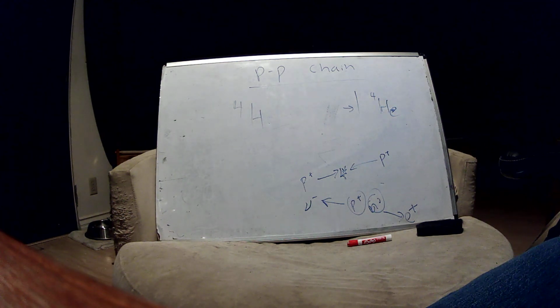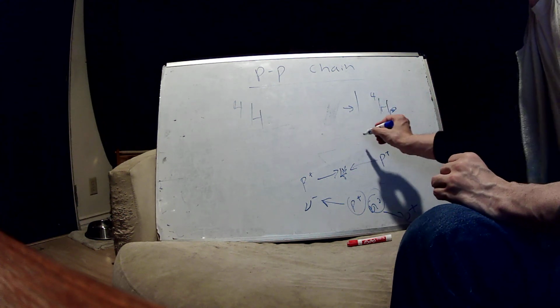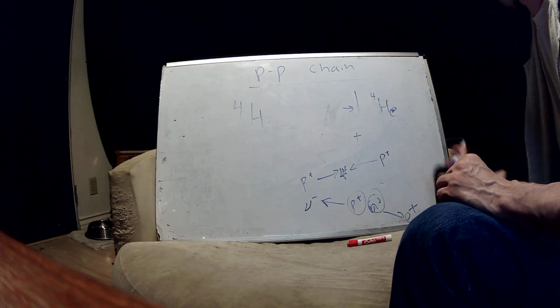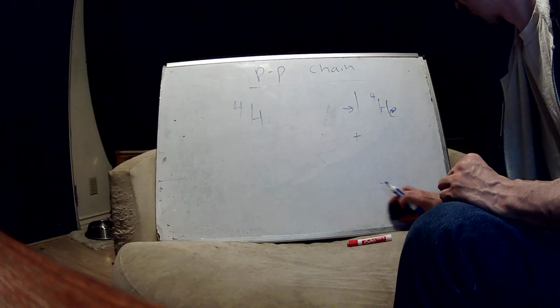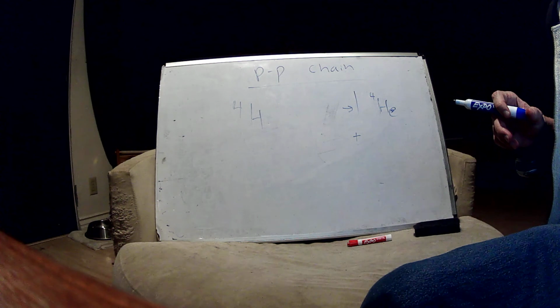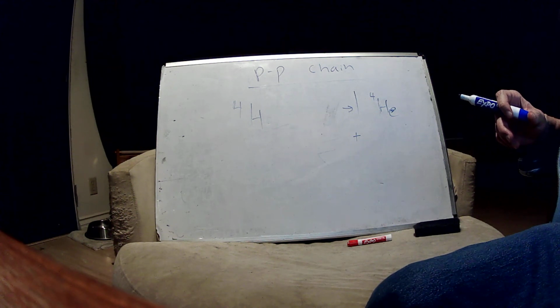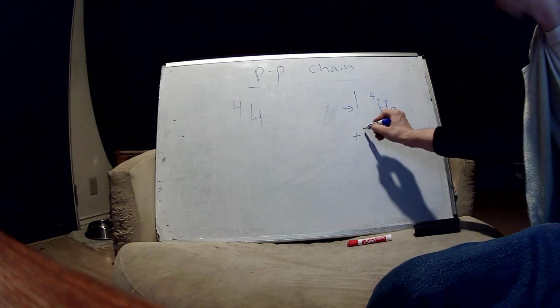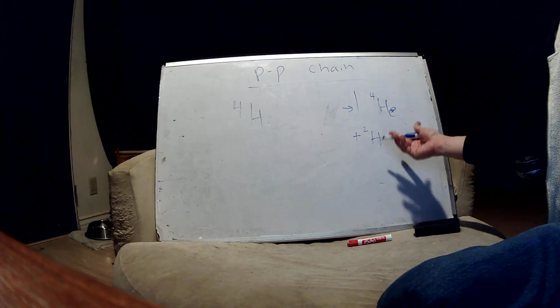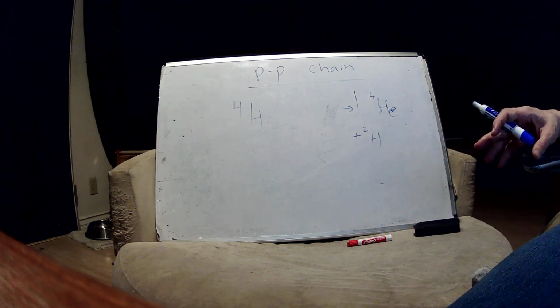Well, we end up, instead of just two hydrogens, with two deuteriums, right? That's hydrogen-2, sorry, heavy hydrogen. It's hydrogen with an extra neutron.